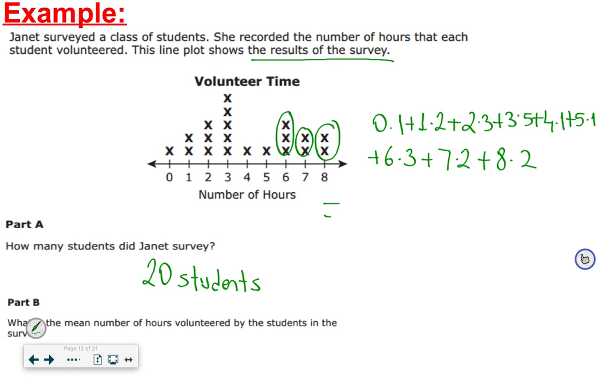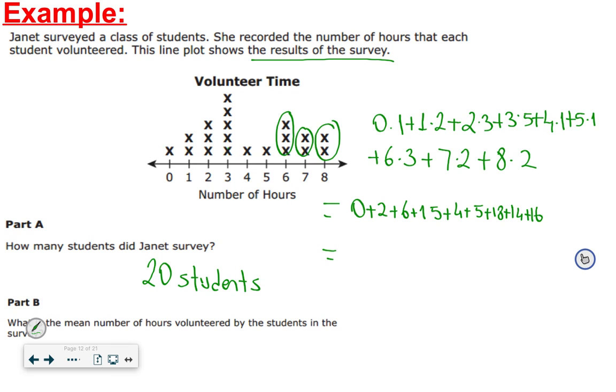If you add them up, you are going to get 0 plus 2 plus 6 plus 15 plus 4 plus 5 plus 18 plus 14 plus 16.